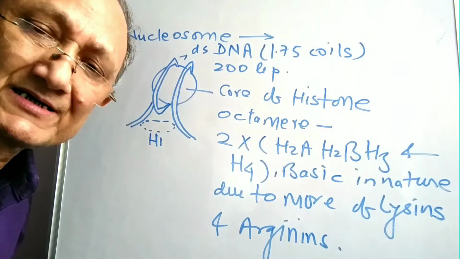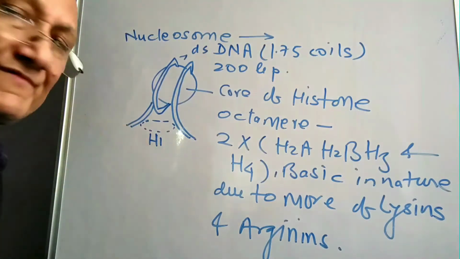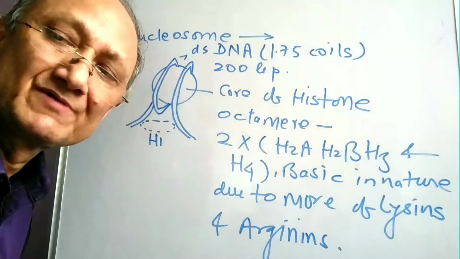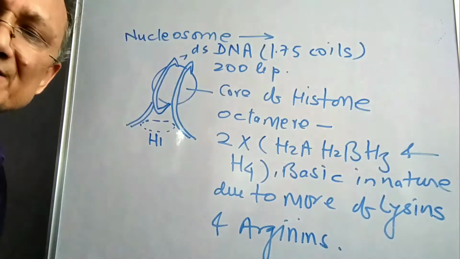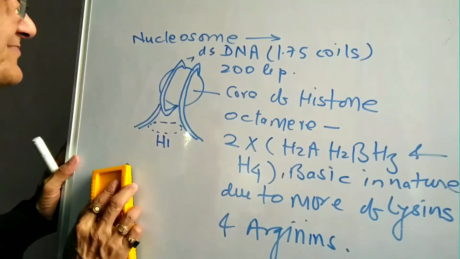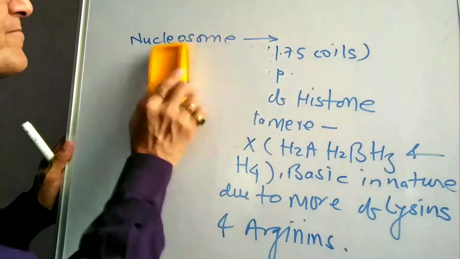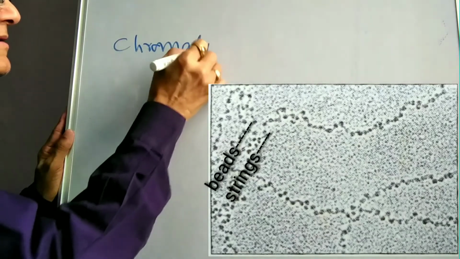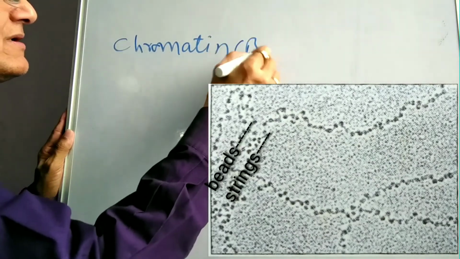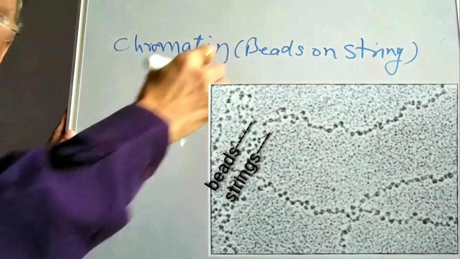Okay, now come to know about chromatin. So chromatin is the condensation product of nucleosomes held together with an H1 protein, H1 histone or linker histone. Yes, linker histone. Chromatin is also called beads on string structure.